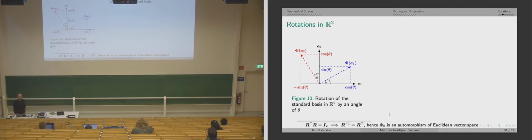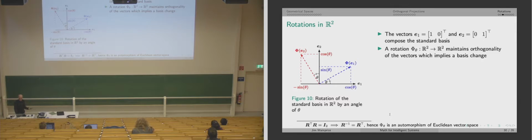These vectors have coordinates in R2, which are (1, 0) and (0, 1), and they are called the standard basis. The rotation takes as input theta and maps vectors in R2 to vectors in R2 and maintains orthogonality of the vectors, which implies a basis change. The linear map for the basis vectors is defined in the following way.